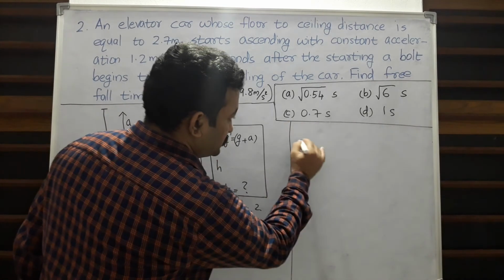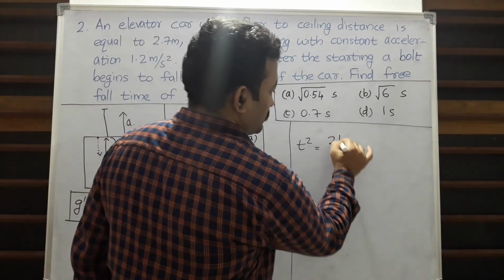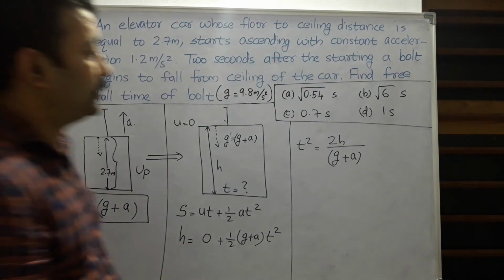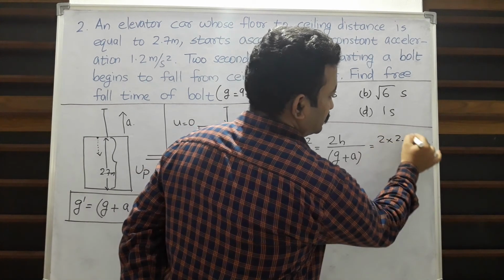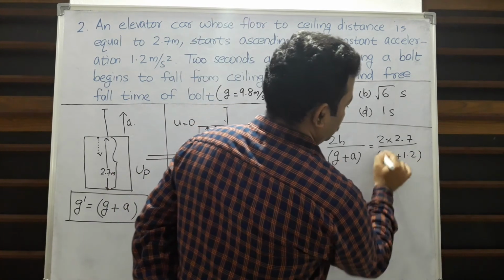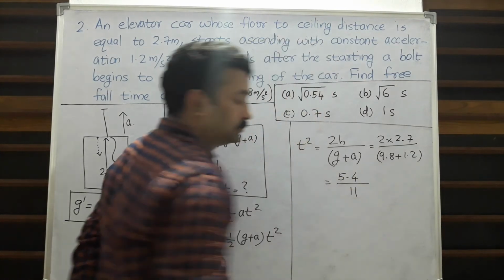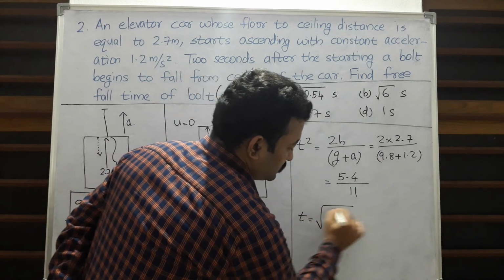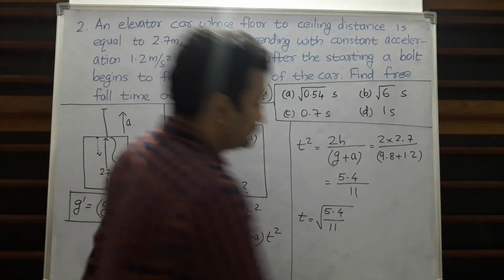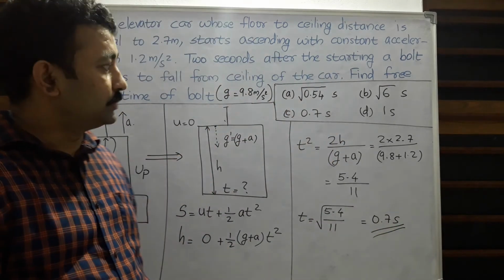T square is equal to 2h divided by (g plus a). 2h is 2 into 2.7, and g plus a is 9.8 plus 1.2, which is 11. This is 5.4 divided by 11. T is equal to root of 5.4 divided by 11. The value is equal to 0.7 seconds. So the answer is C.